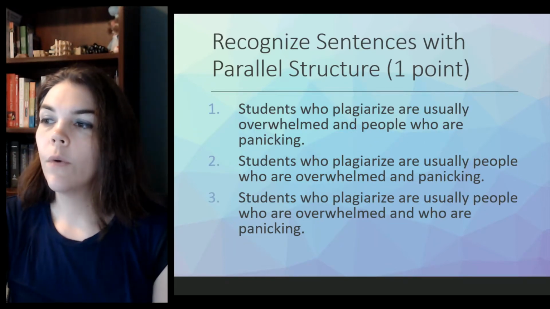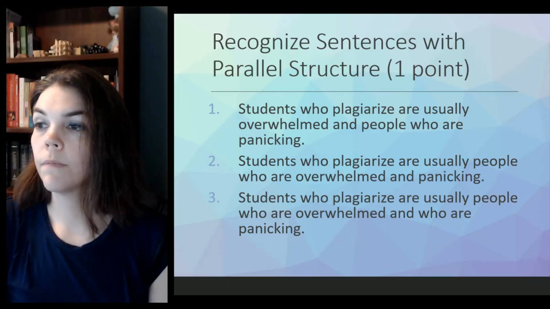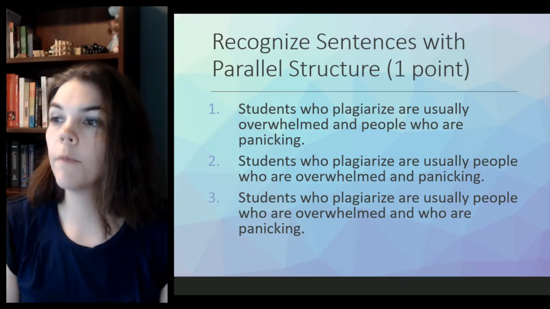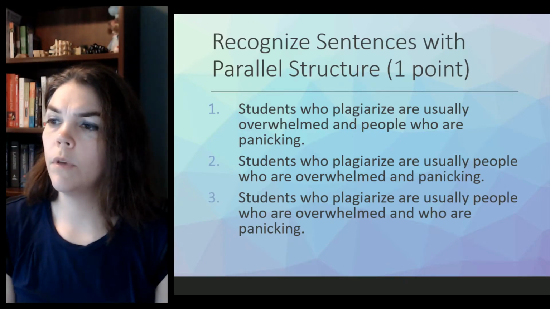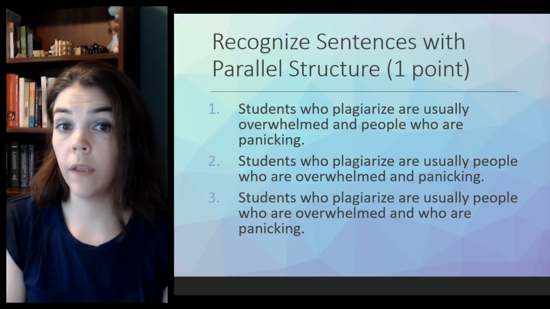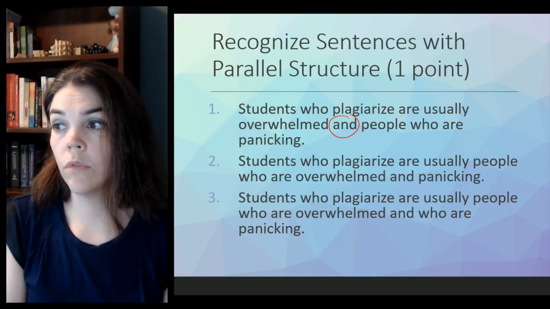Okay, let's try another one. All right, what do you think? Which one has correct parallel structure? Let's investigate. Students who plagiarize are usually overwhelmed and people who are panicking. Okay, so here's our connecting word. So what's it connecting? Students who plagiarize.